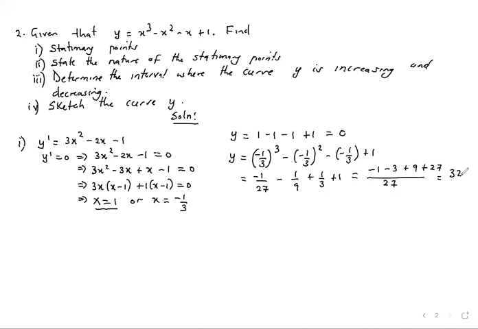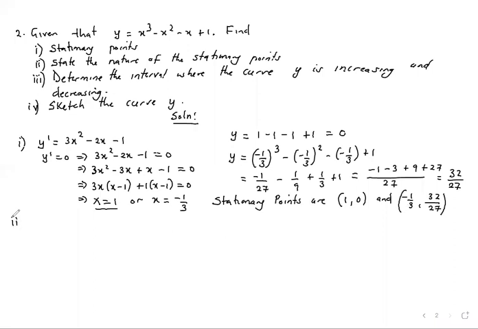So we get 32 over 27. So the stationary points that we are dealing with here are (1, 0) and (negative 1 over 3, 32 over 27). These are the stationary points.